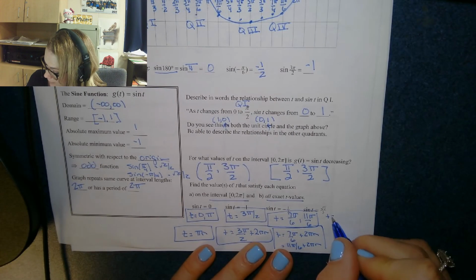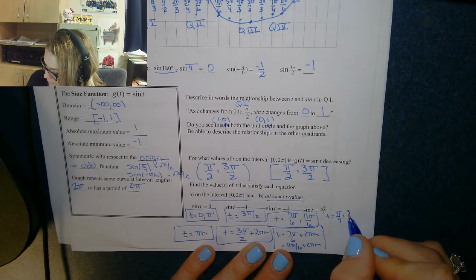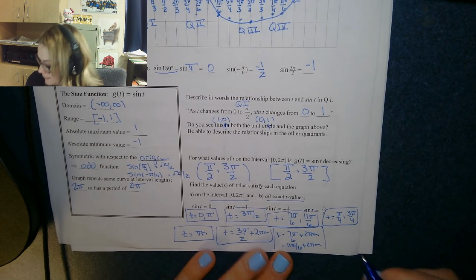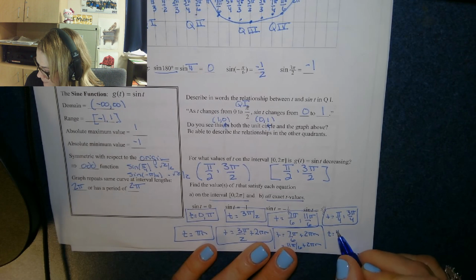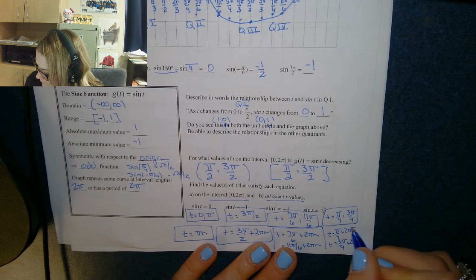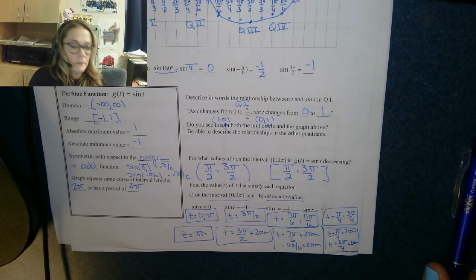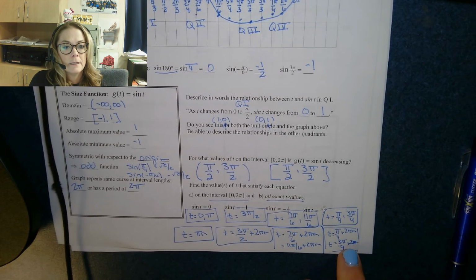So this is our pi over 4 and 3 pi over 4. And then both of these have to be cycled by the full period. Okay, I hope you can read that. I'm kind of close in here.